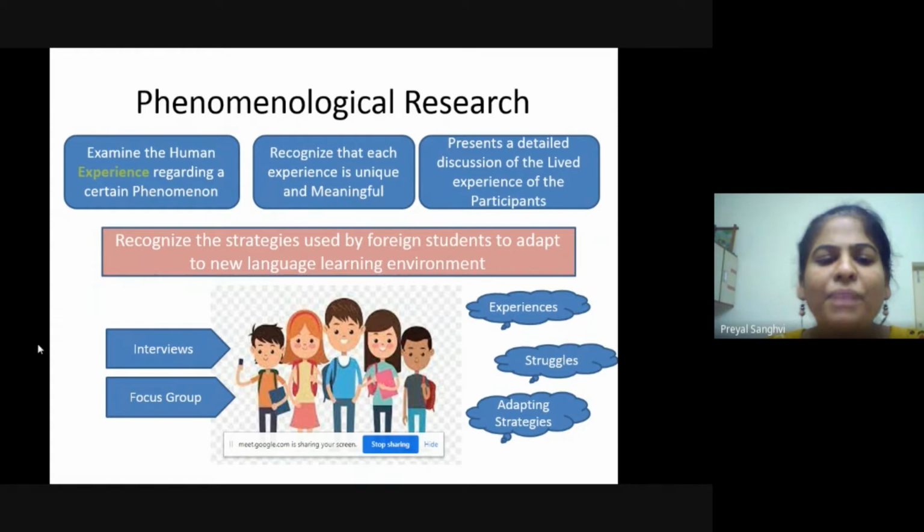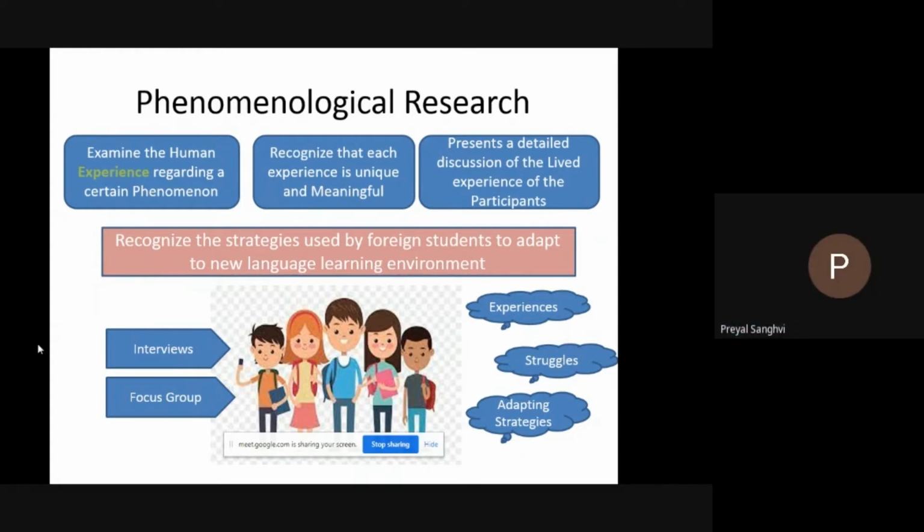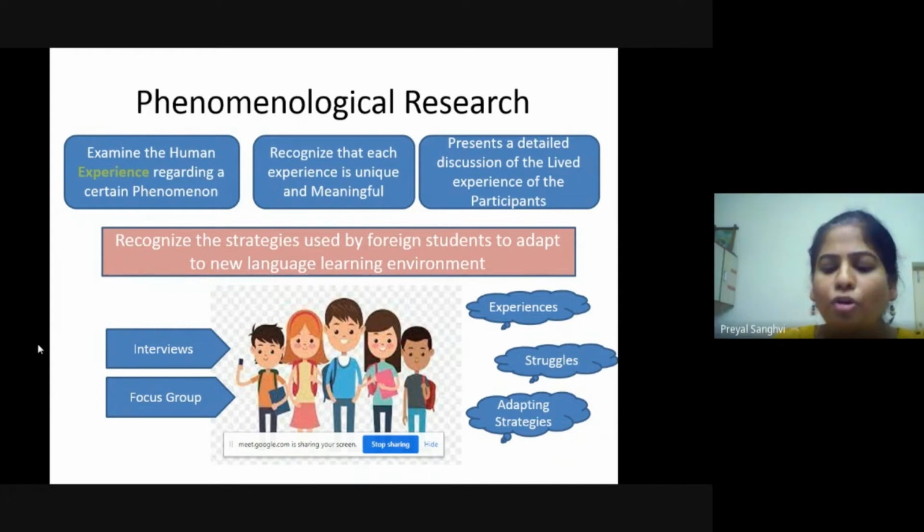Based upon that, the researcher is able to understand the experience of foreign students, what kind of problems they have faced, and what kind of strategies are adopted by them. So this comes under phenomenological research.